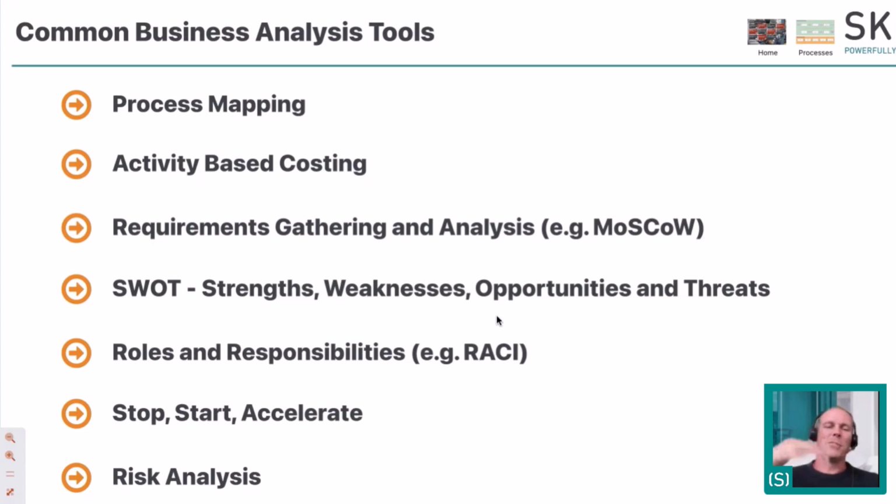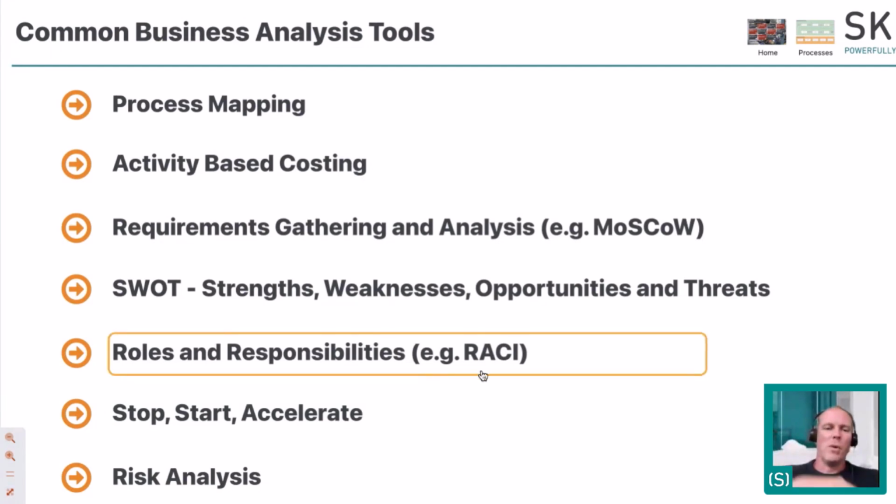And one of the nice things, a bit like with the requirements gathering, is if you've mapped a process, you can then go step by step through the process and start to look at individual steps. And so do we recognize, or can we identify any strengths, weaknesses, opportunities, and threats? And again, what I'm going to do in the example, which I'll show you in a second, is show you how to create a little SWOT analysis within Skore, and then how you could roll that up to do it for a whole process.